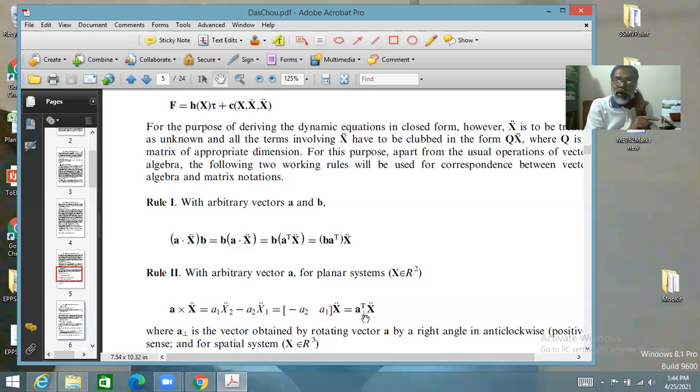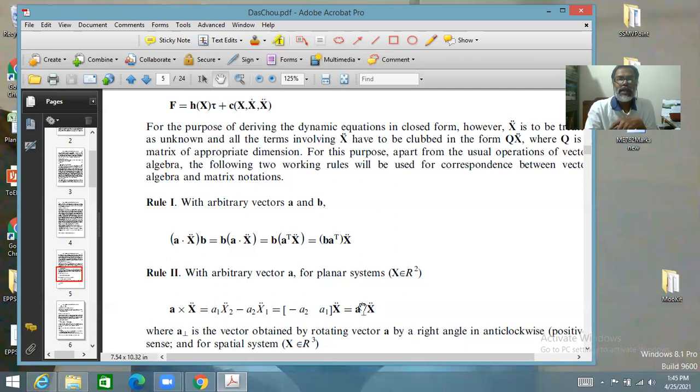That means whatever is the vector a, if you turn it by a right angle anti-clockwise, then you get this vector a perpendicular. Because if this vector is a1, a2, then by turning it anti-clockwise by 90 degrees, you get minus a2, a1, and then take the transpose. This is what you get in 2D.